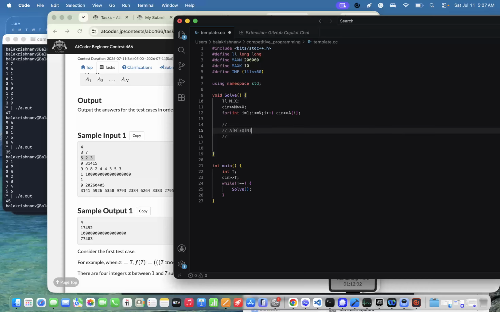That comes before this. So we have x, whatever, so x percent A of n minus 1 is equal to A of n times q of n. Which means x is actually A of n minus 1 times m plus A of n times q of n.